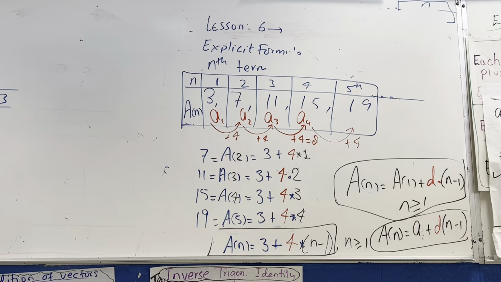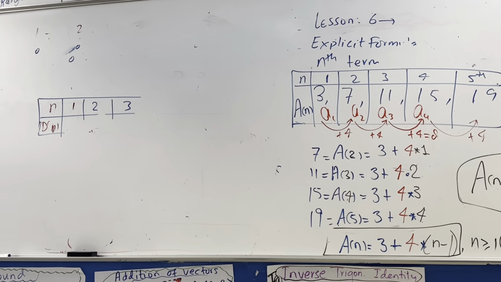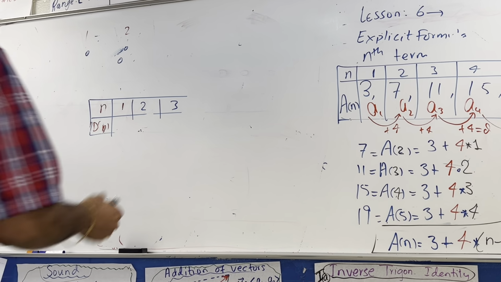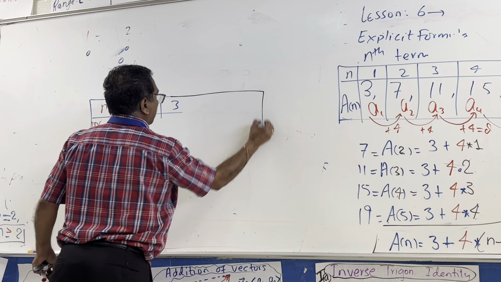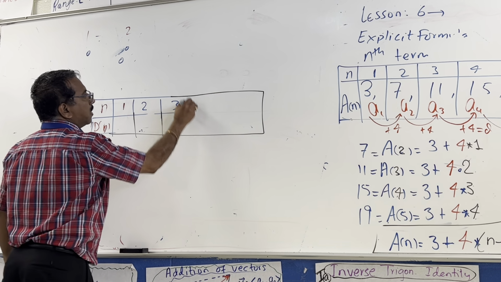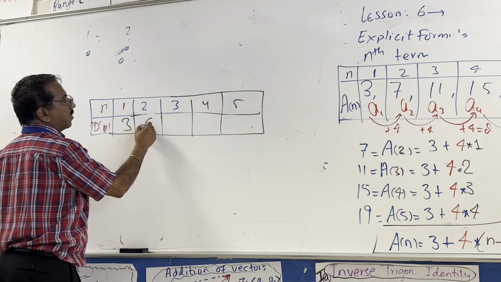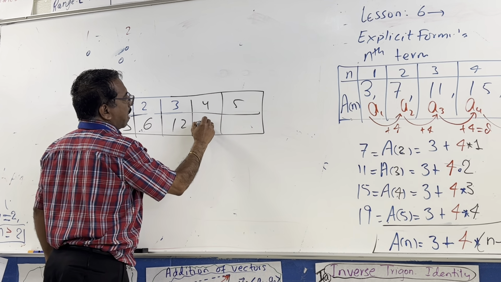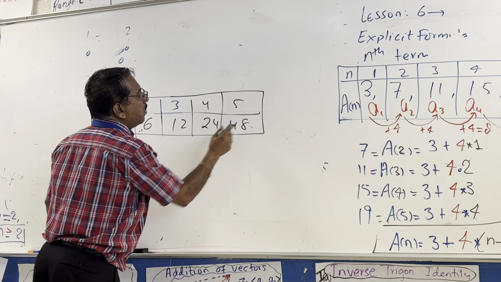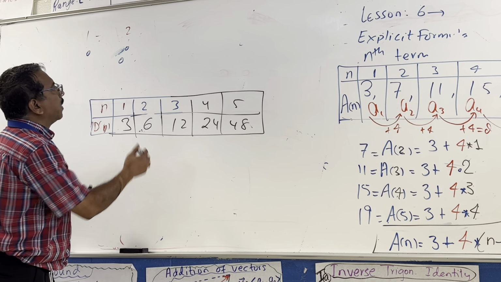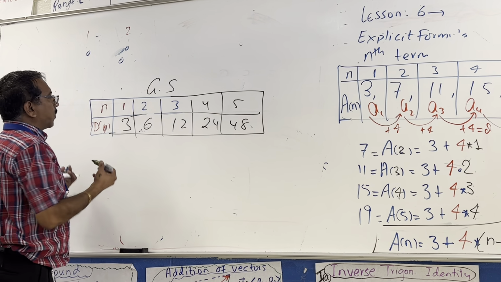I'll take the same example. We start with 3, then 6, double it. So you already know what's happening here. So how do we write the explicit formula for geometric? So we know this is a geometric sequence.